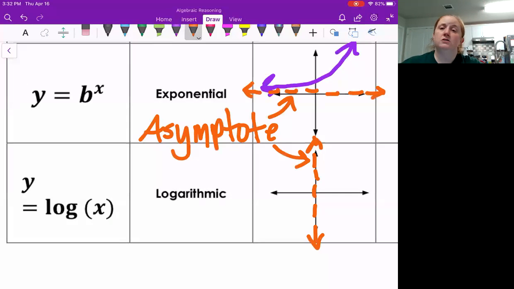Every coordinate that's on the original exponential graph is now going to switch places. And instead of flattening out as it goes to the right, this time the logarithmic flattens out as it goes downwards. So it'll get very, very close to that y-axis this time, but it is in fact not actually touching it because of that asymptote.